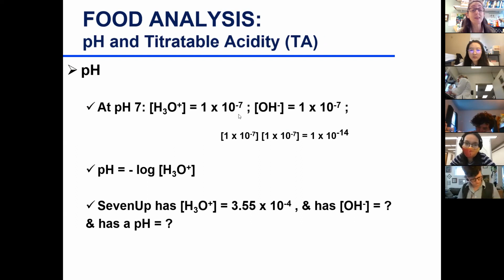So at pH 7, you have equal concentration of hydronium ion and OH minus. So this means you have 1 times 10 to the negative 7, which is the concentration of hydronium ion, and the same concentration for hydroxide ion. So this is pH 7, equal concentration.